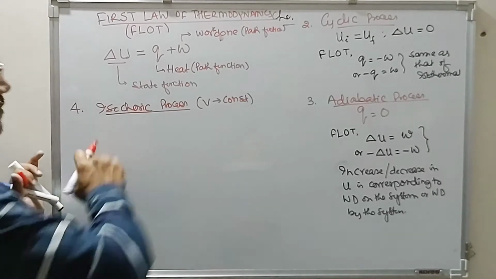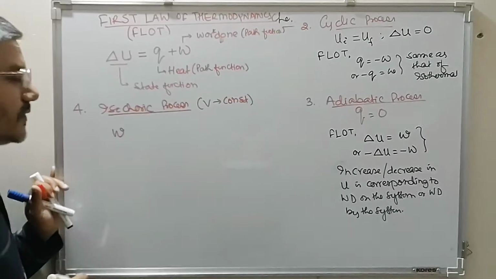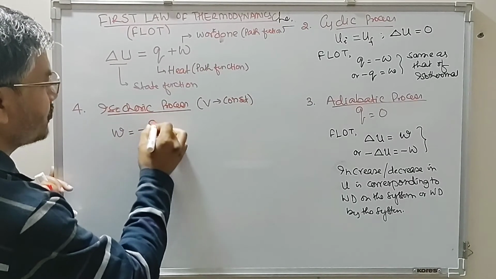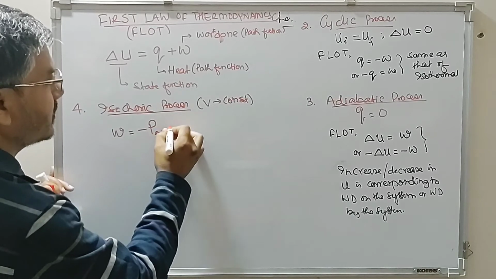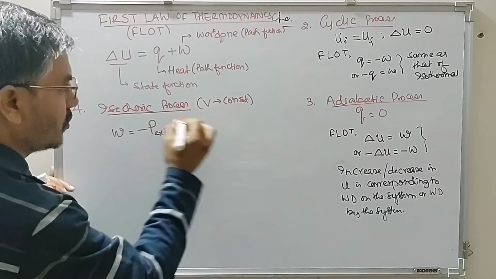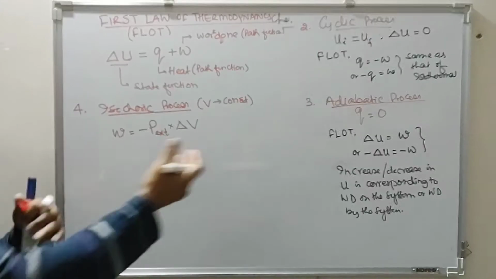Now suppose we have an ideal gas, then the work done is defined as minus P external into change in volume. We'll develop this expression later on.